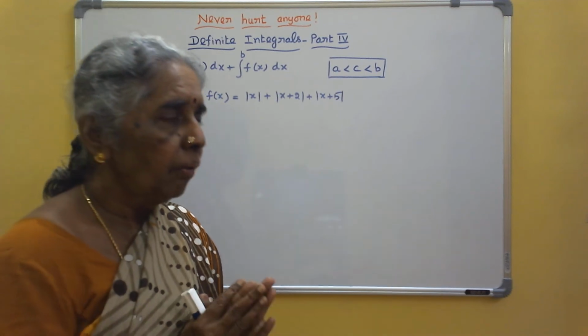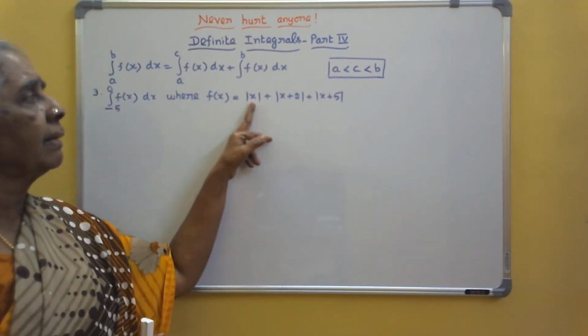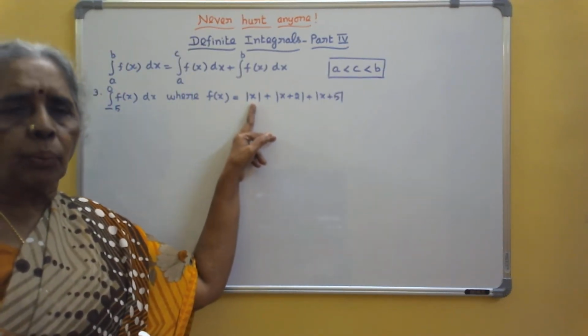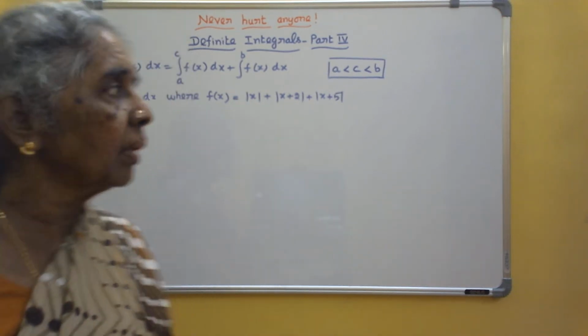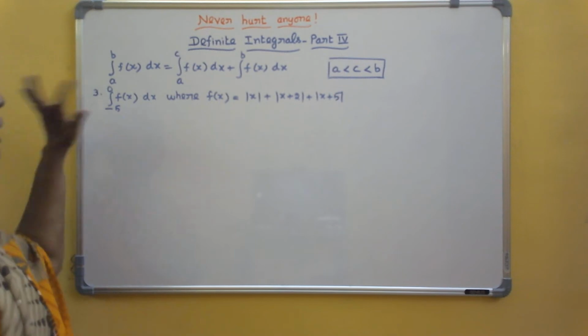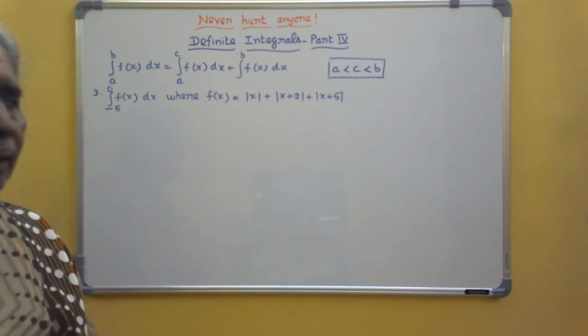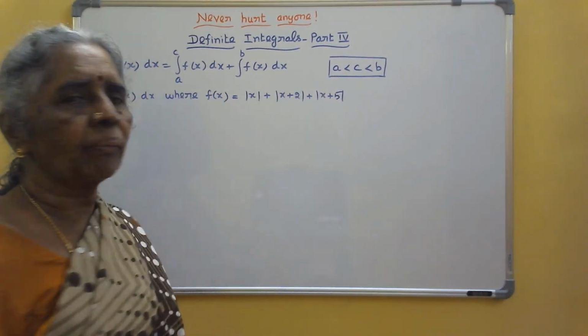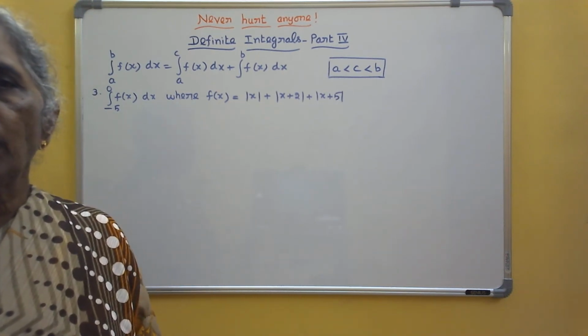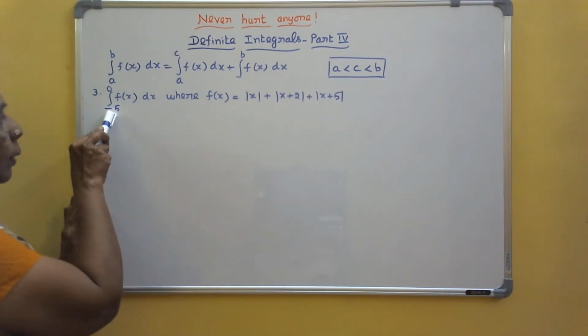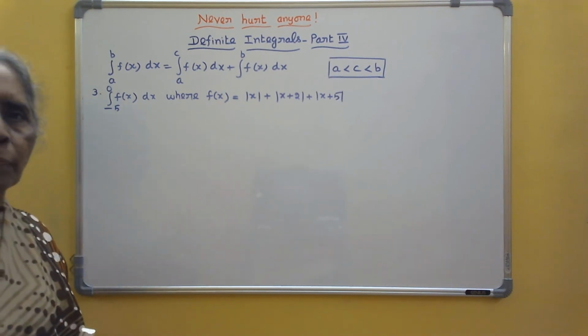Now, first, if you consider this mod x, you know the critical value for this alone, x is equal to 0. That coincides here with the upper limit, right? If you consider the third one, mod x plus 5, the x value will be minus 5. That coincides here with the lower limit.